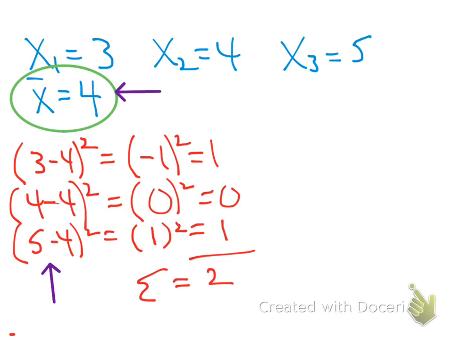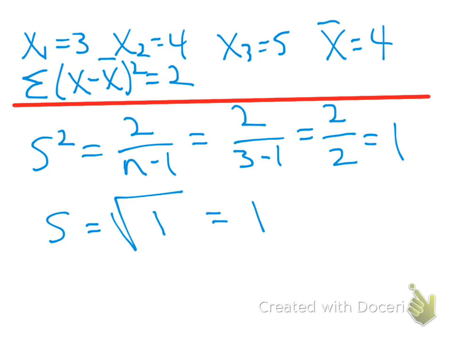Negative 1 squared is 1. 4 minus 4 is 0. 0 squared is 0. And 5 minus 4 is 1. 1 squared is 1. And then this is the sum. You add up all of the squared deviations, and you end up with 2. So 2 is the sum of the squared deviations.